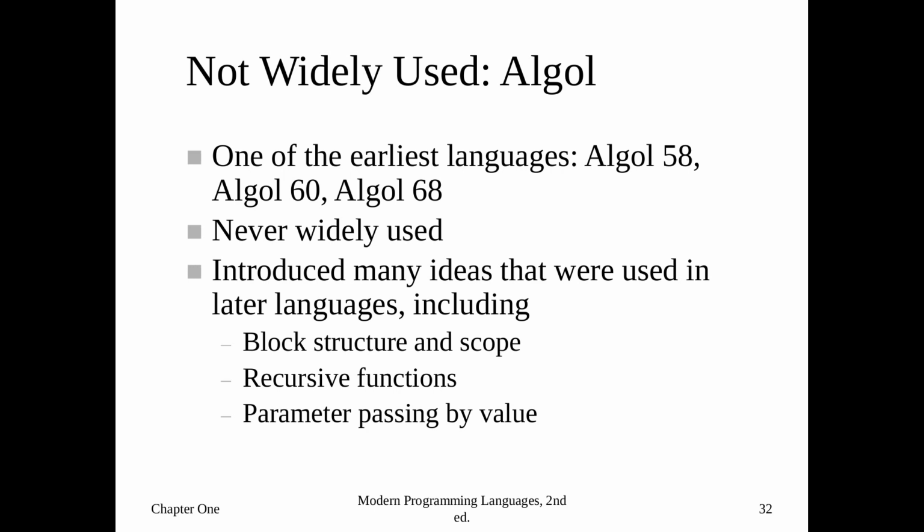The interesting story was they all grew their beards out and would not shave until Algol 58, I believe, was completed. That took several years. But it did bring in block structure and scope, recursive functions, parameter passing by value, a lot of really good things that we take for granted today.